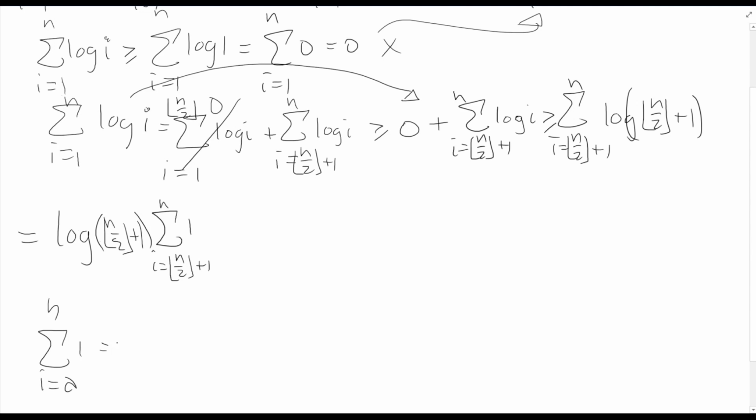Okay. Well, this is going to be equal to b minus a, which makes sense, but plus 1, and we need to remember the plus 1 to count a as well. We start at a and then we go up to b. If we just do b minus a, it's as though we started at a plus 1. Okay, so that's important because that's the kind of sum we have here.